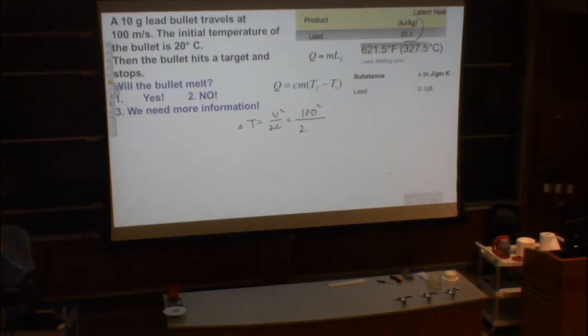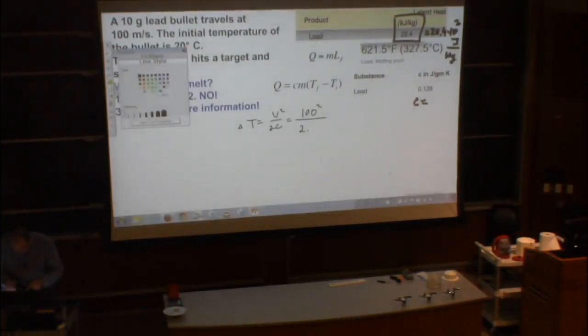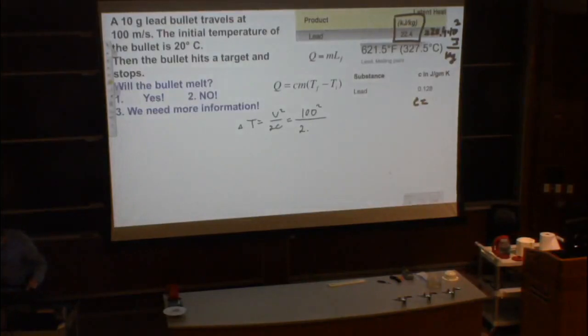Sorry. I'm distracted today. It's Monday. This is what I wanted. Sorry. That was latent heat. But what I said about this number is absolutely correct. That should be 22.4 times 10 to the third joules per kilogram. You just don't need to use it. And this is the number for the specific heat.